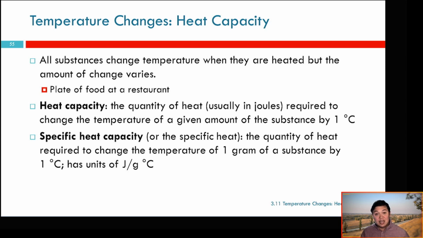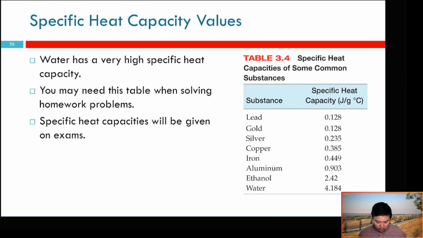The specific heat capacity takes that mass and makes it part of the units, so that the quantity of heat required to change the temperature of 1 gram of substance by 1 degree C is the specific heat capacity. And that has units of joule per gram degree C. So it normalizes your heat capacity to 1 gram. I think we have some examples to look at, maybe.